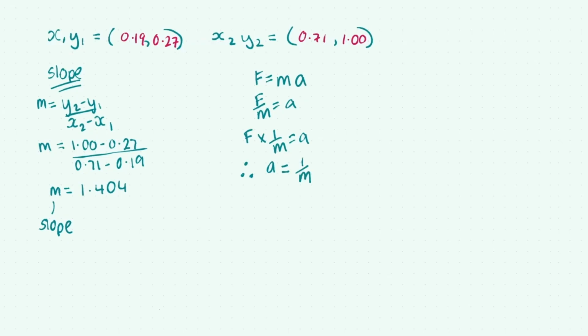And if we compare this equation to the equation for a line, y equals mx plus c. However, there's no need for the c in this case, because the c is the y-intercept, but as you'll remember, in our graph it went straight through the origin, so it did not intercept the y-axis.